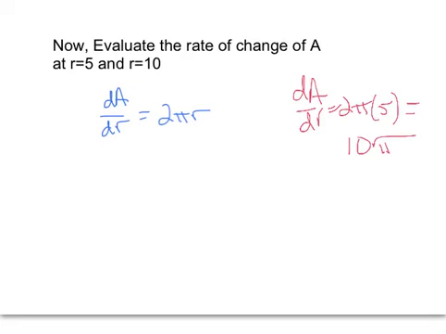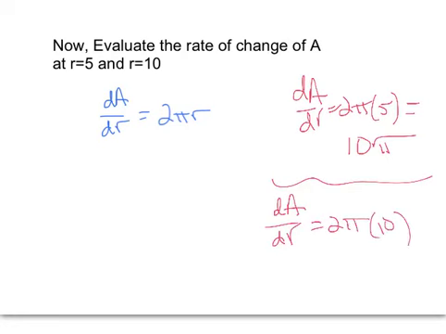Or how about later when the radius was as big as 10? How fast was the area changing at that moment? It would be 20 pi units here.